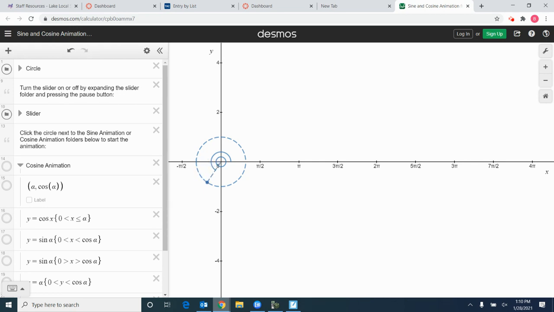The x value actually gets smaller until at 90 degrees it gets to 0. So that is going to be the cosine, because think about the x coordinate right there. That's the x coordinate, and then that's the graph of it. Now it's negative, -1, down to 0, to +1. So it's going to continue that cycle. It looks the same, it just starts at a different point. All right, now from -2 pi to 2 pi.